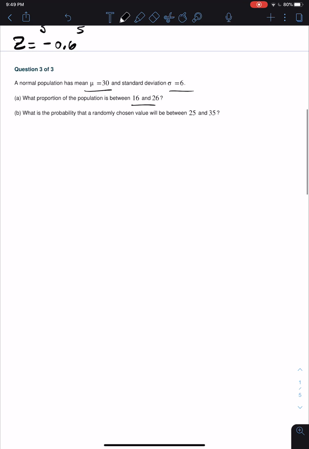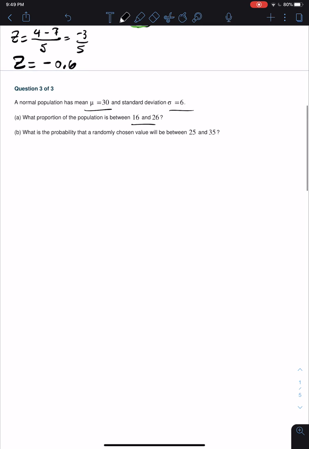So let's go ahead and draw the picture. Let's see, what does that picture look like? This is part A. Once again, just to get that full visual. Our normal population has a mean of 30, and we're trying to figure out the proportion of the population between 16 and 26.